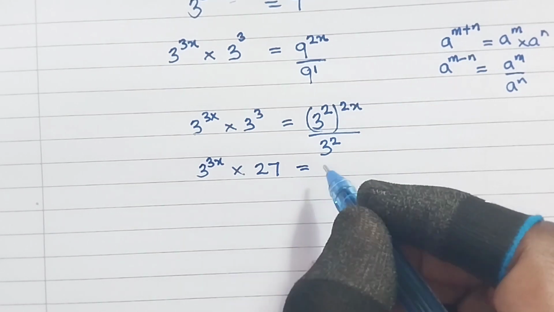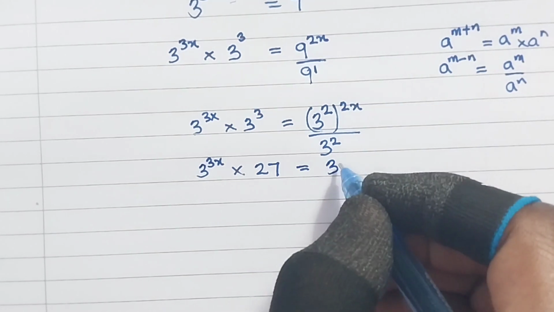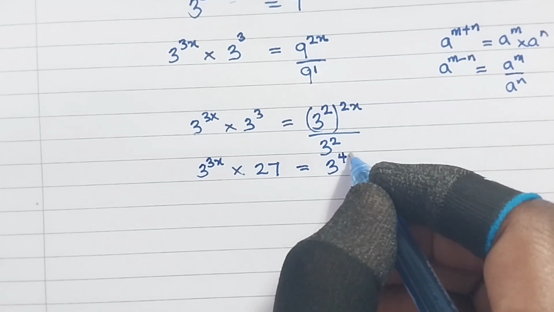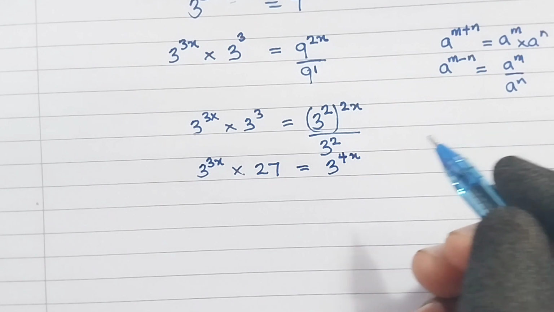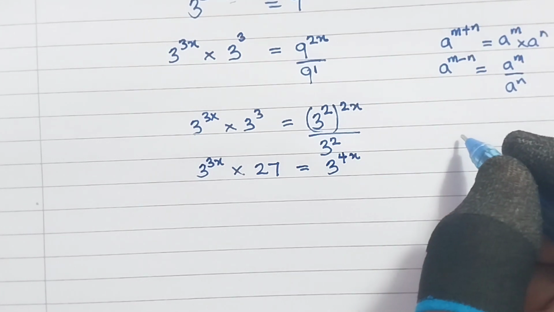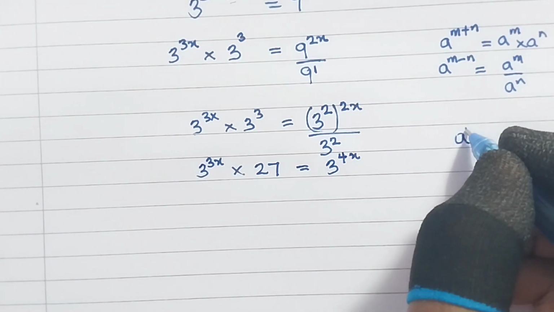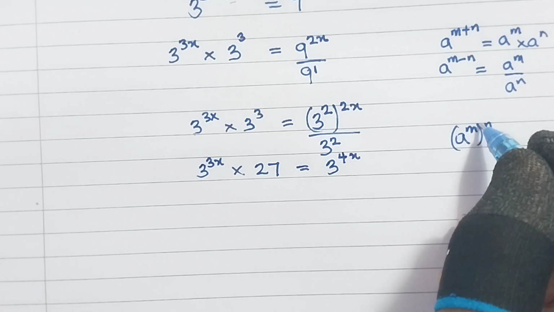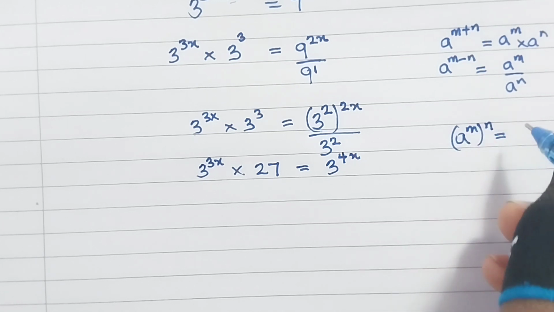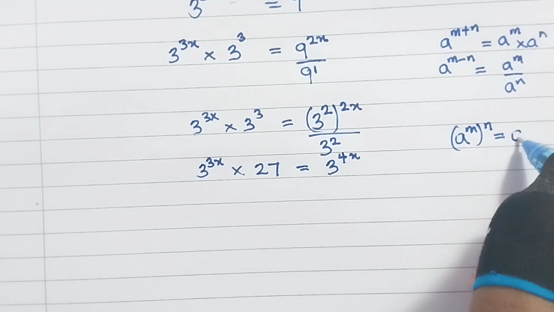So this becomes 3 raised to power 4x when you open up your bracket. If you don't remember that rule as well, the rule says if you have a raised to power m raised to power n, just open up your bracket. But since it is a bracket that passes through them, open up your bracket by multiplying the powers.